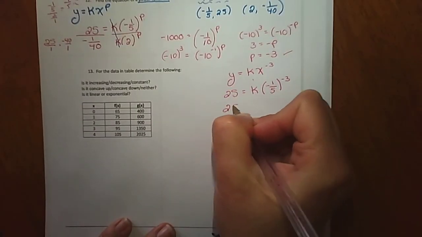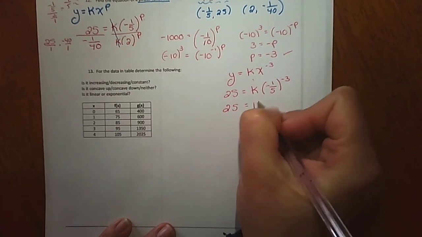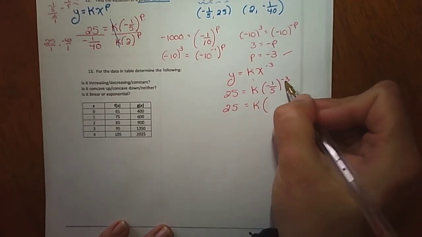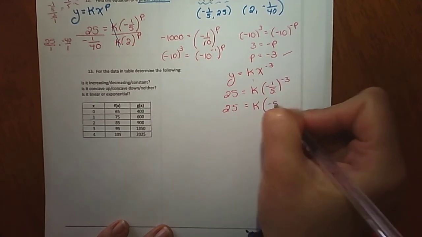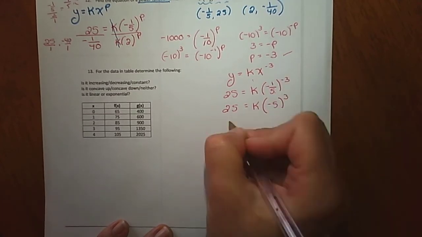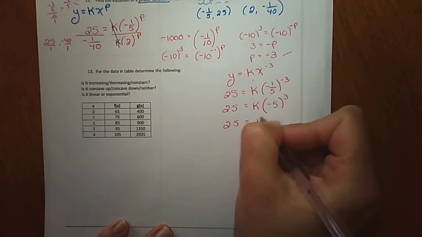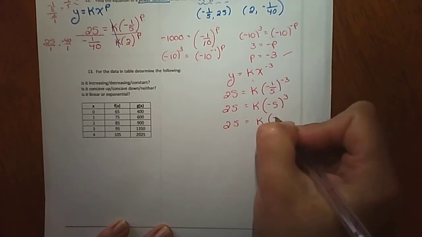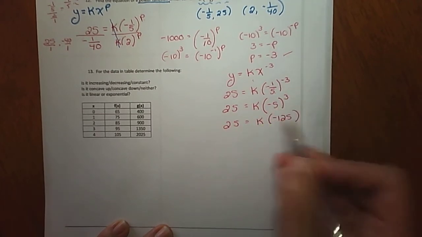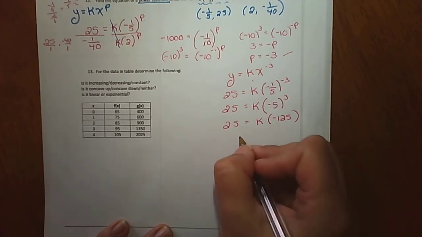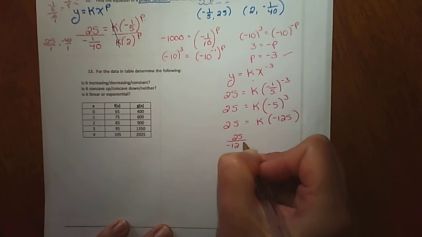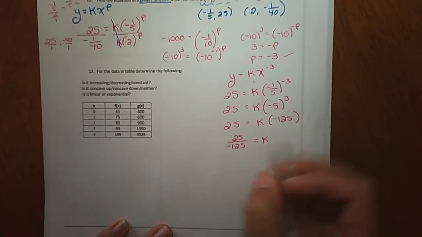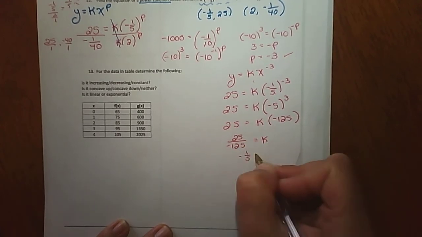Now, negative exponent would flip him over, right? So this would be negative 5 to the third. And negative 5 cubed is negative 125. So if I divide both sides by negative 125, I get, right? And that reduces to be negative 1/5.